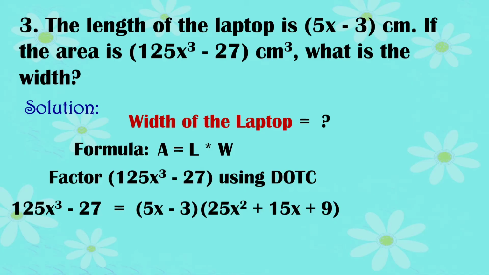So, ito na, nakuha na natin yung factor. So, si 125x cubed minus 27, yan po yung ating area. At si 5x minus 3, ang ating length. Kasi diba nasa given siya. So, in other words, itong ating natitirang factor, yan yung magiging width niya. So, ayan. So, dahil yan na yung ating width, meron na tayong sagot.